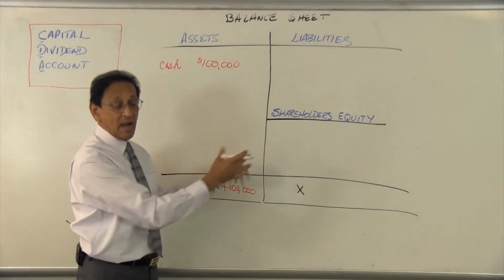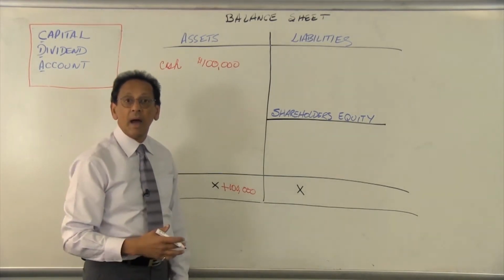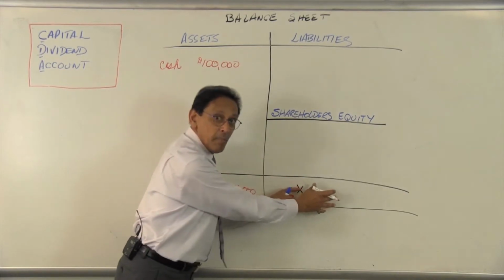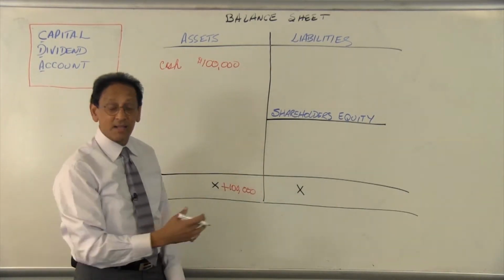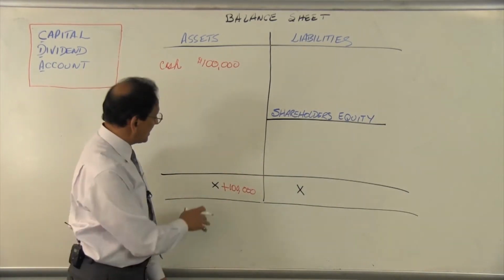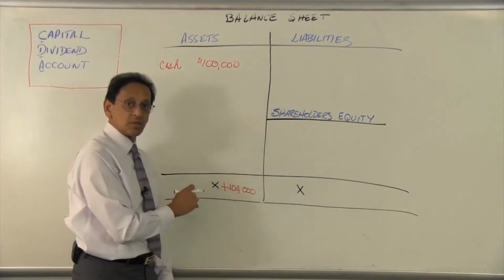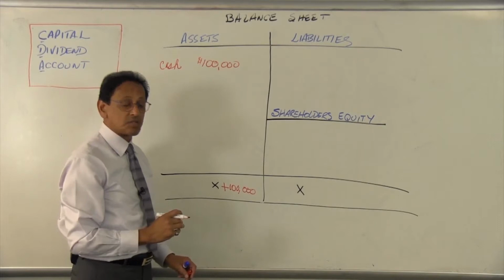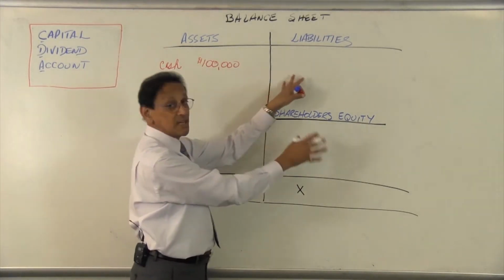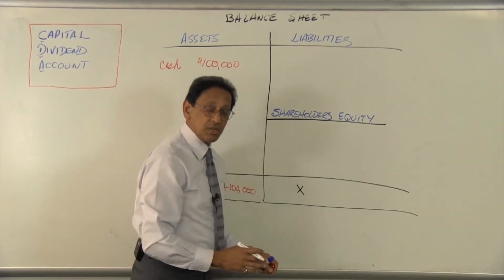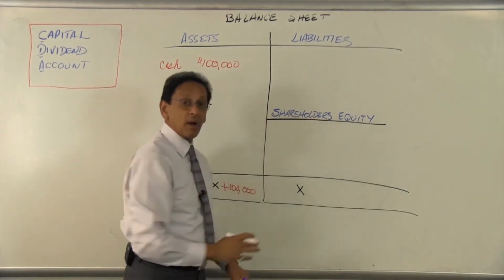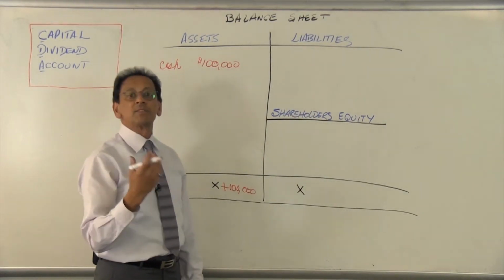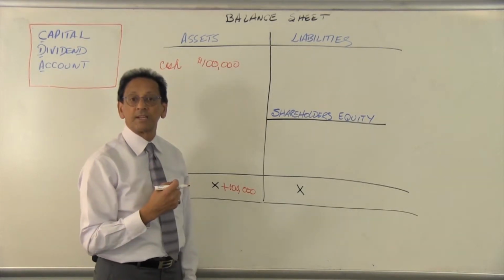Now, if I'm the accountant for this company, I cannot go home at night until I have balanced my books. Because I've added $100,000 of a life insurance death benefit on this side of the sheet, I need to offset that on this side of the sheet. This side has to go up by $100,000. Life insurance proceeds have a special treatment under the Income Tax Act.